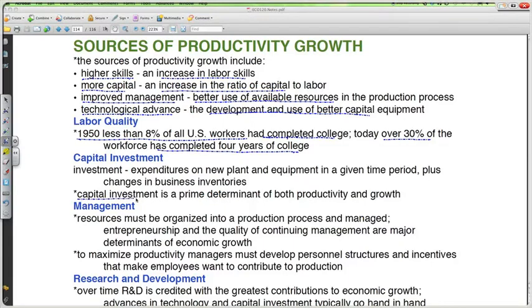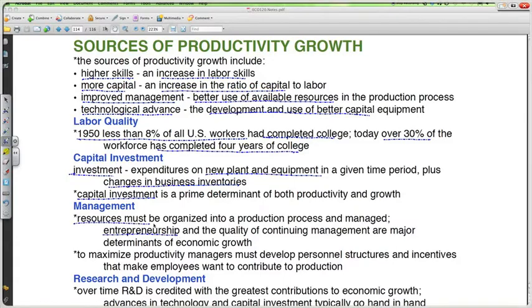We've also had a lot of capital investment. Investment is when businesses spend money on new plant and equipment, or when they have increases in their business inventories. It's the idea that they're buying more tools to use with all of their other resources. For management, this is looking at the entrepreneurial ability.